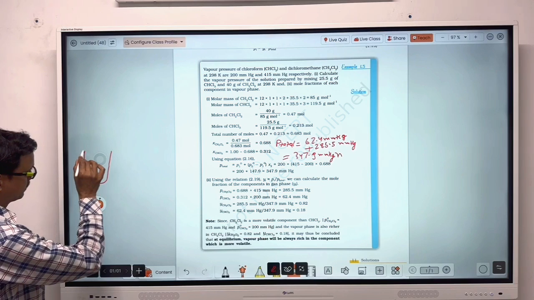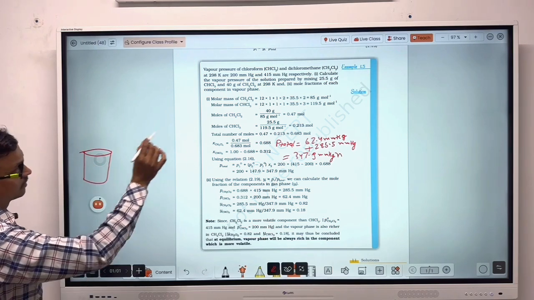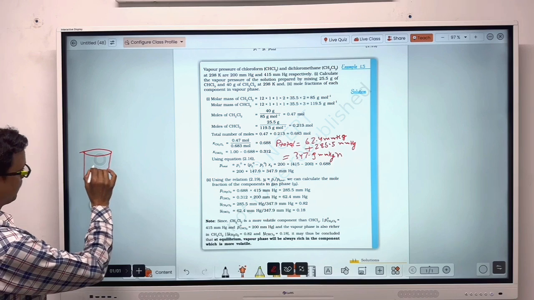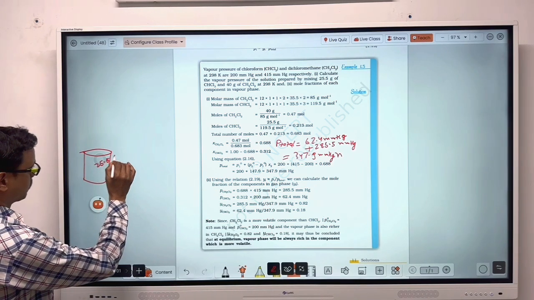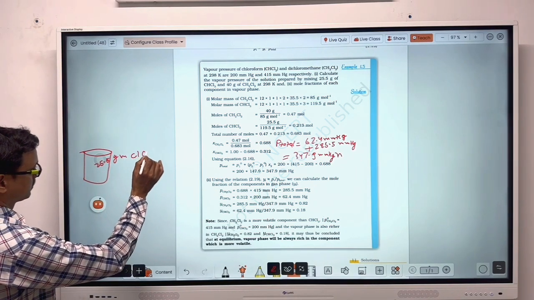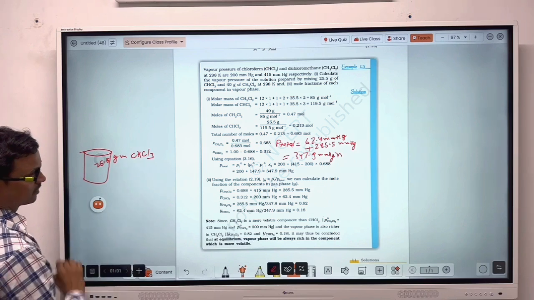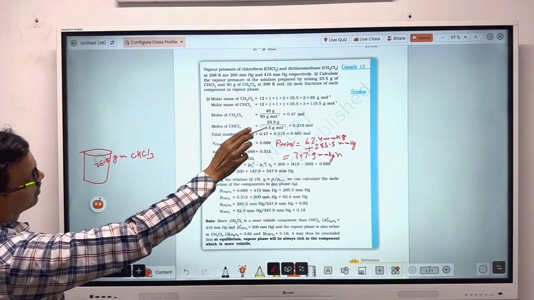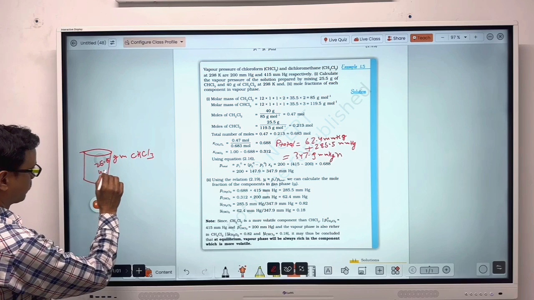In this solution, there is 25.5 grams chloroform and how much? 40 gram dichloromethane.